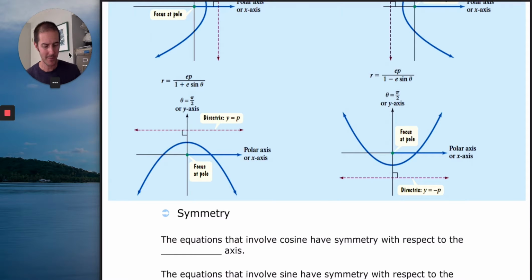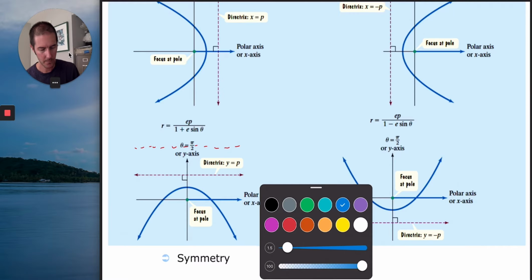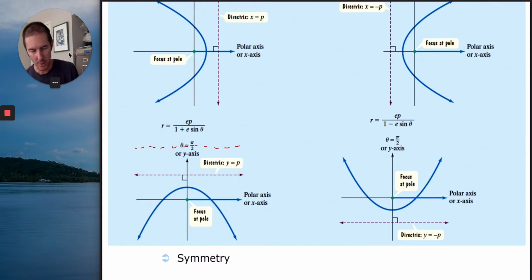Now remember, if any one of these four graphs turns out to be a hyperbola, for example, in the bottom left here, then there's going to be another directrix, and there's going to be another curve that goes over here. So to say that this graph in the bottom left is concave down isn't entirely accurate. Only a portion of a hyperbolic graph would be concave down. The rest of it's going to be concave up.